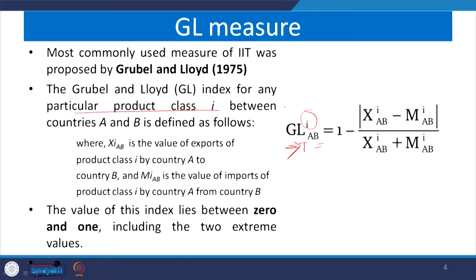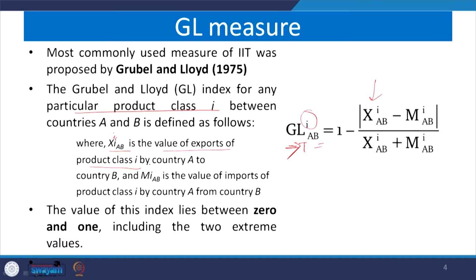Here x_i^AB is the value of exports of product class i. We are referring to a particular product class, where product class i is exported by country A to B. So, these are exports with product class i, noted as X_i^AB, all right.